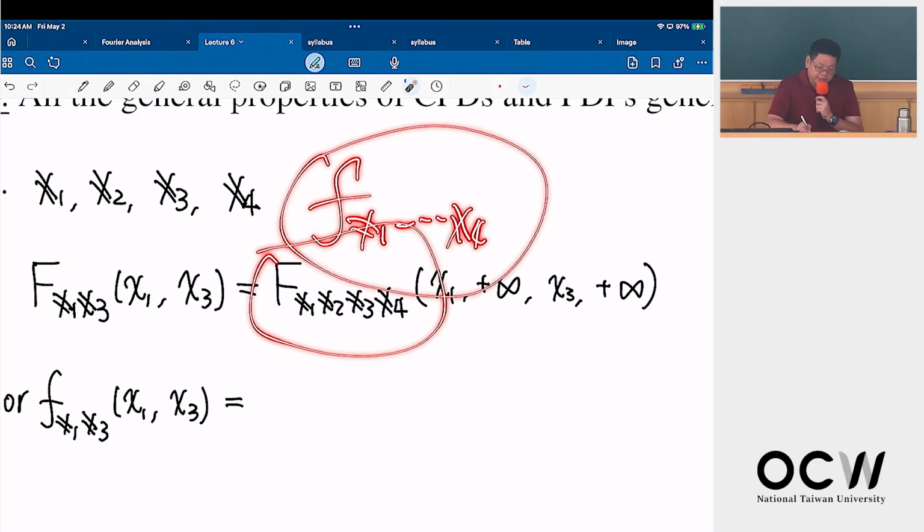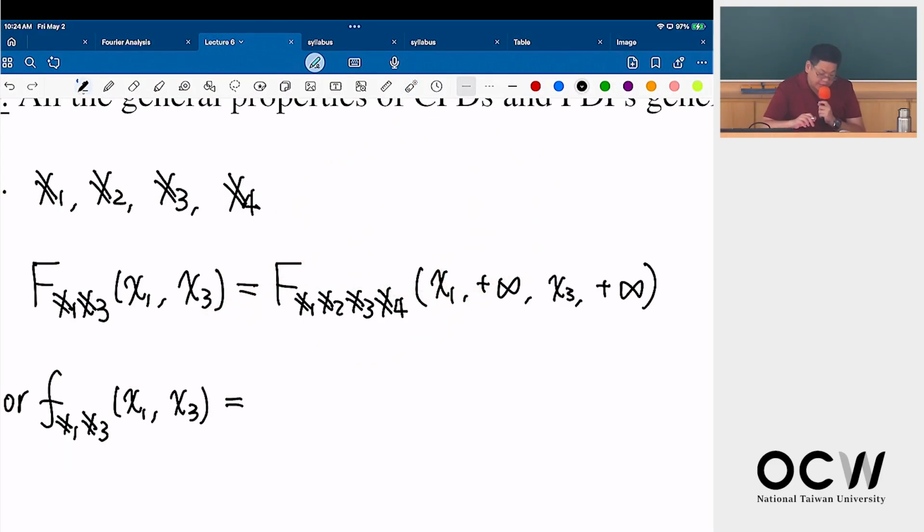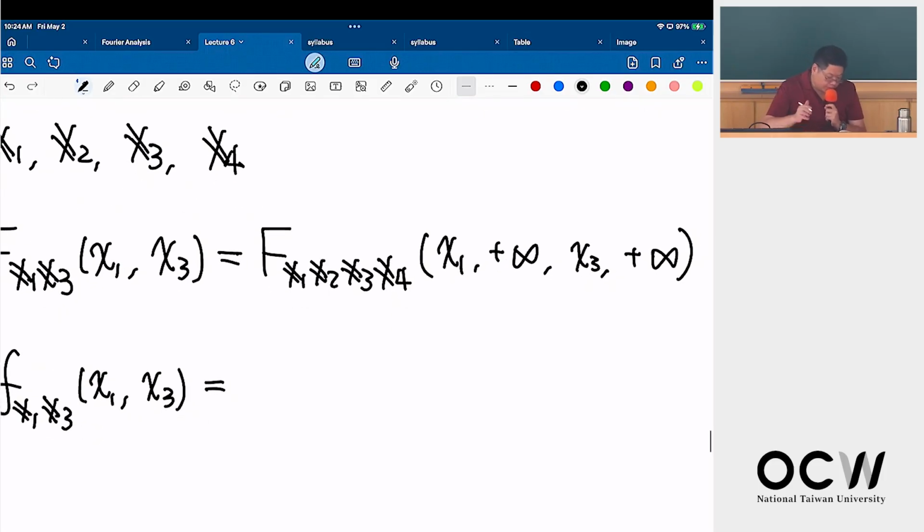So from the joint PDF of x1 to x4, how can I get the joint PDF of x1, x3? We don't need x2 and x4, so we can take the integration with respect to x2 and x4.